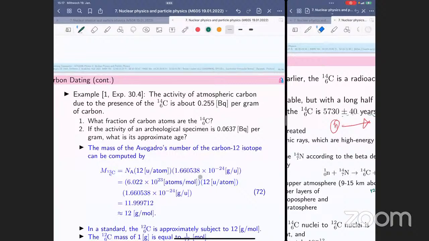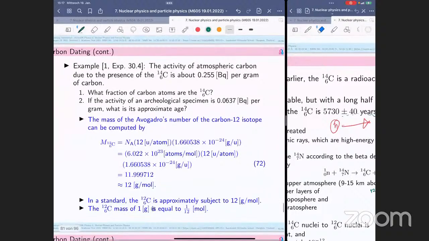This is the mass of the carbon in grams. And of course, in 1 mole, we would have 6.022 times 10 to the 23 times 12 times 1.66, so we have exactly 12 grams per mole. So the mass of carbon-12 is 12 grams per mole.